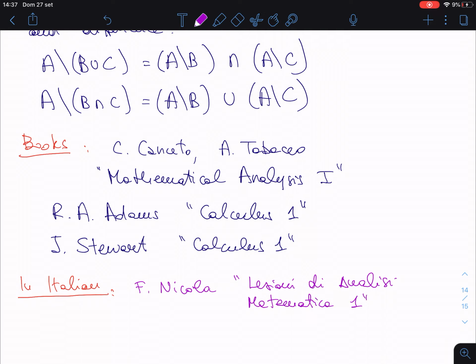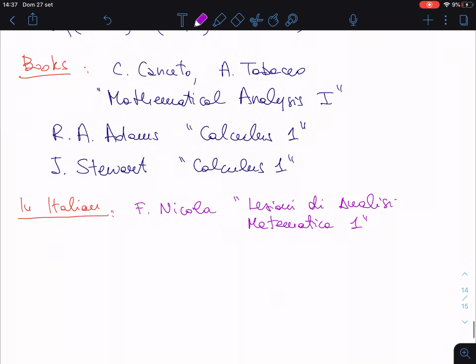A classical book is the book by Giovanni Prodi, Analisi Matematica 1.